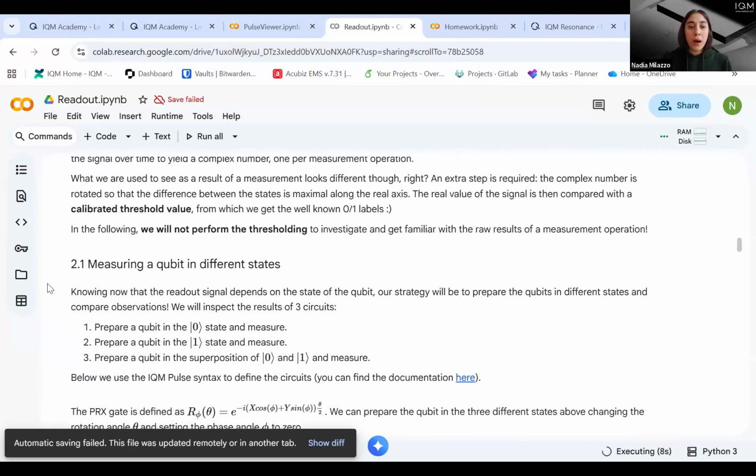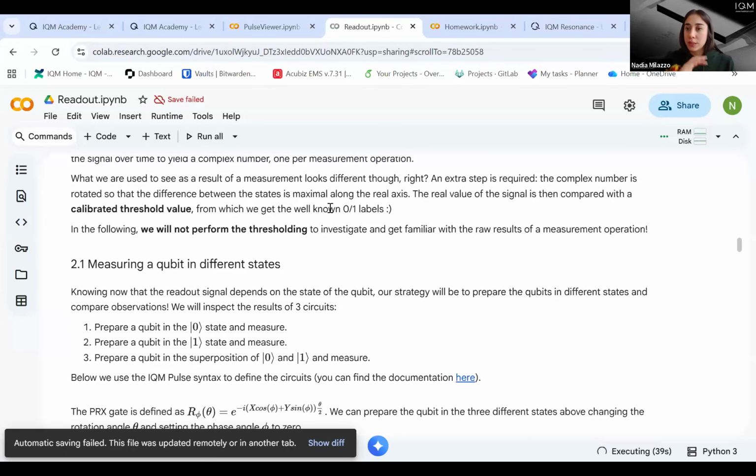And while it installs, we can comment here. So an important thing is that when we get the raw result of a measurement, this is not the nice 0-1 label that we are used to. So today, in this lab, we will try to understand what actually is the raw measurement result that we see after measuring a superconducting qubit. So, as it is highlighted here, we will not perform a thresholding.